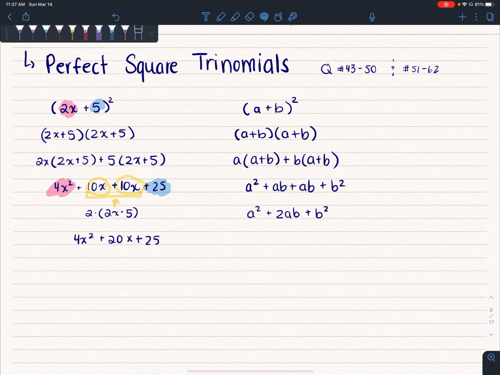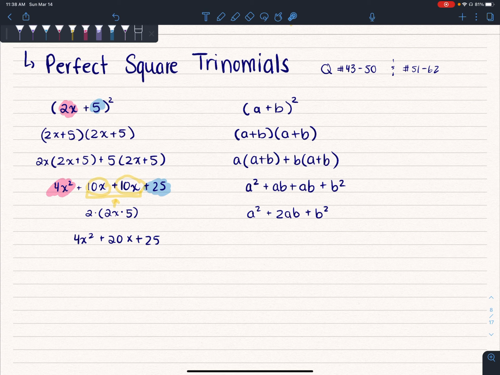That's exactly what we ended up with here: our first term was squared, our second term came from 2 of our first and second terms, and then our last term was the 5 that got squared.